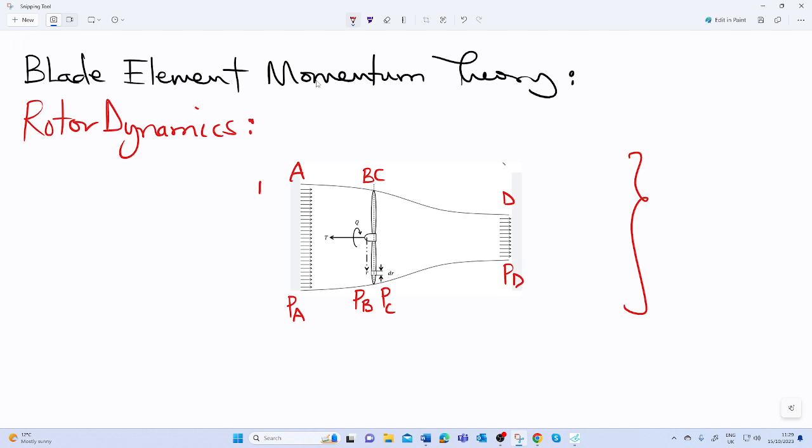Also at this section we have UA and we have UBC and we have UD.